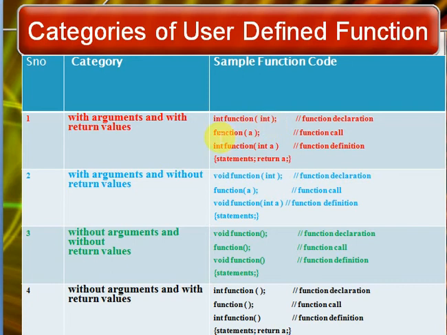Its function call within the main function or any other function is with one parameter a. Then its definition of function has four parts, that is return type, name of function, arguments, and statements within the body of the function, and it's returning a value.